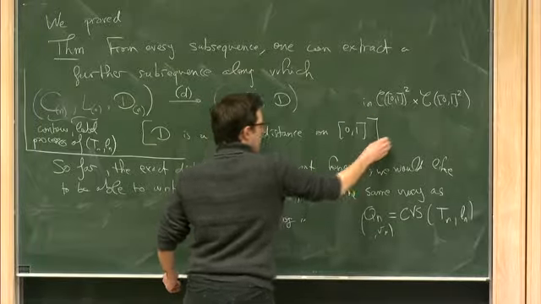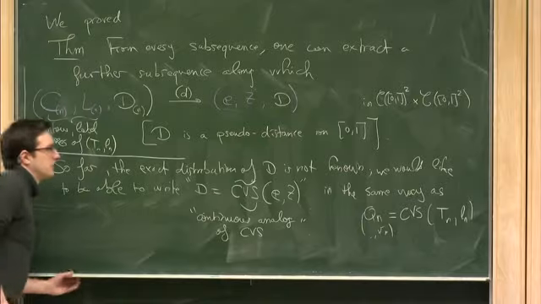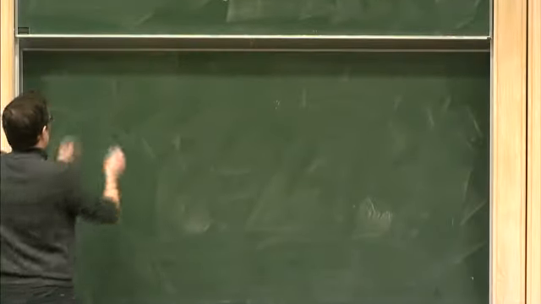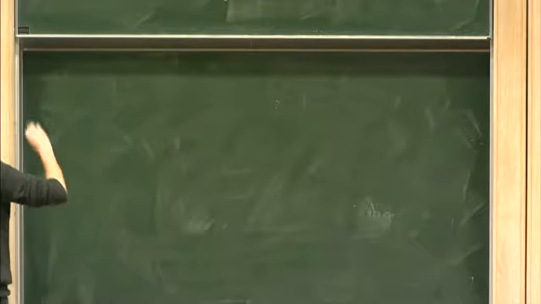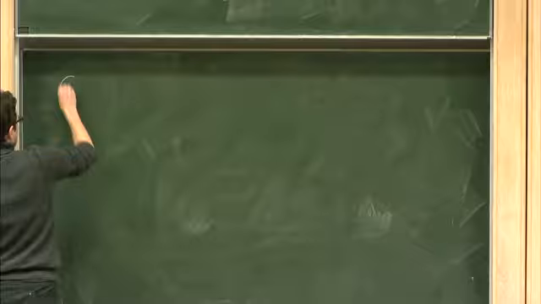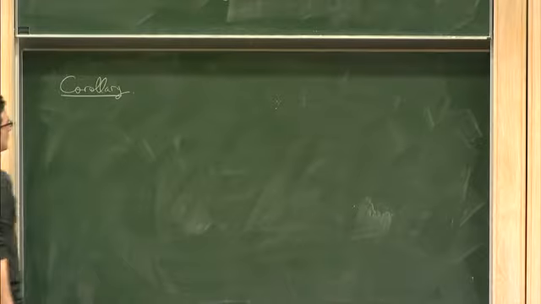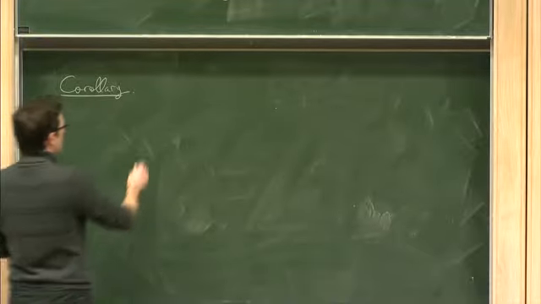Of course, it's random. So the first thing we would like to say is that this actually implies a convergence of maps in the Gromov-Hausdorff sense.